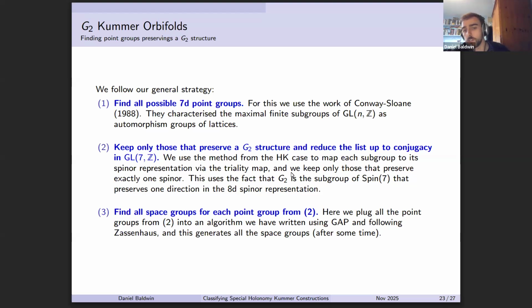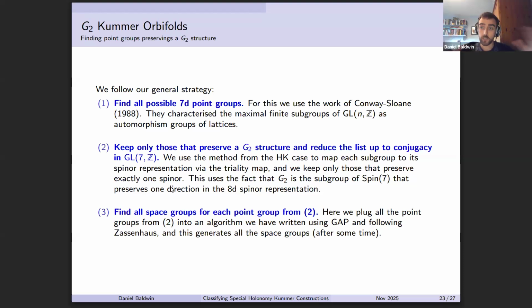This uses the fact that G2 is the subgroup of Spin(7) that preserves precisely one direction in the 8-dimensional spinor representation. So Spin(7) is the subgroup of Spin(8) which preserves a direction, and G2 is the subgroup of Spin(7) that preserves another direction.